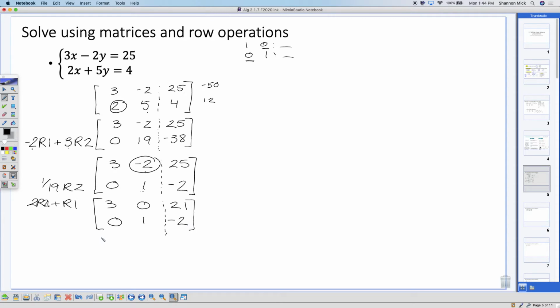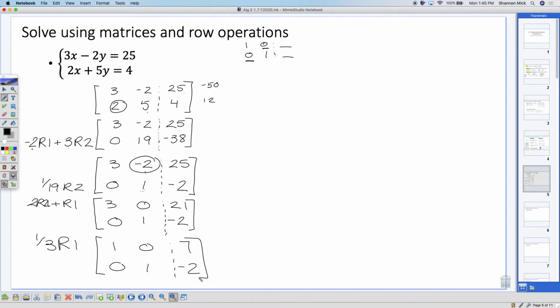So how am I going to take care of the 3? Take R1 times 1/3. And if it was a negative 3, it'd be a negative 1/3, right? Because it needs to be positive. So 1, 0, 7. And 0, 1, negative 2.